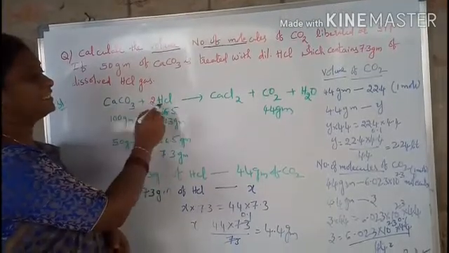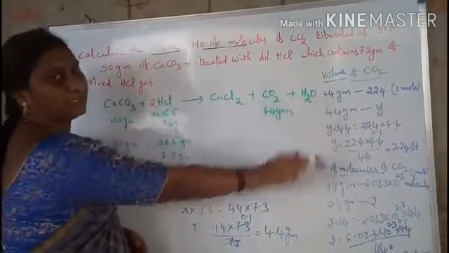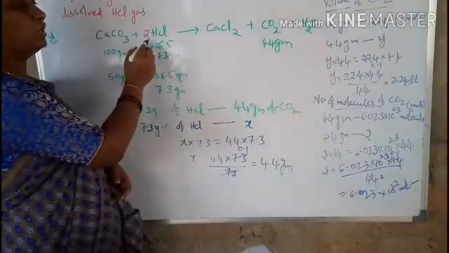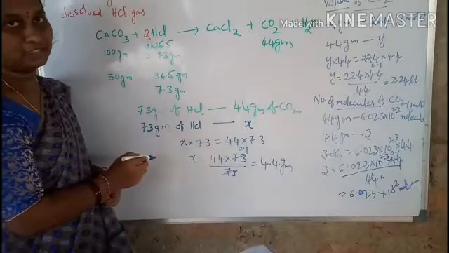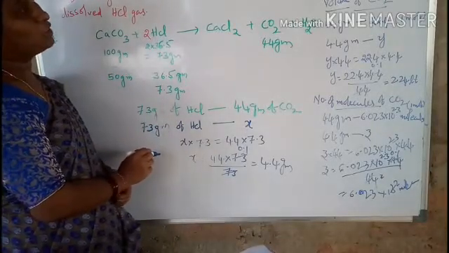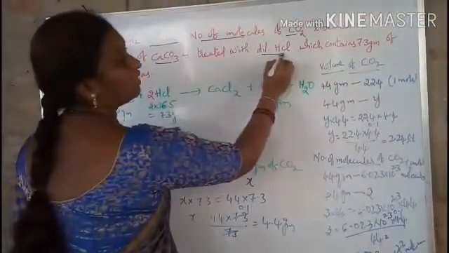So the chemical equation is CaCO3 plus HCl gives rise to CaCl2 plus CO2 plus H2. So first balance this equation. So put 2 here, then it will get balanced. So now the equation is balanced. So which are related in the question? One is CO2, another one is CaCO3, and another one is dilute HCl.